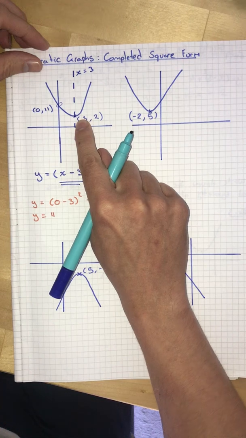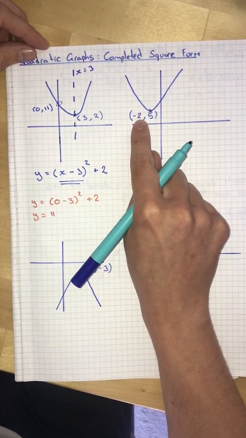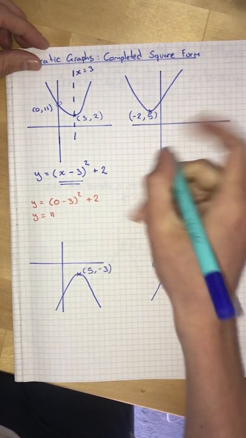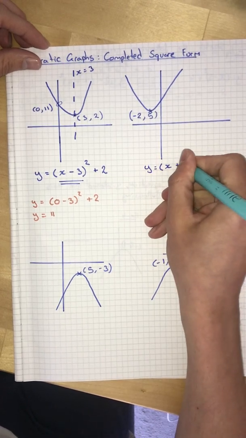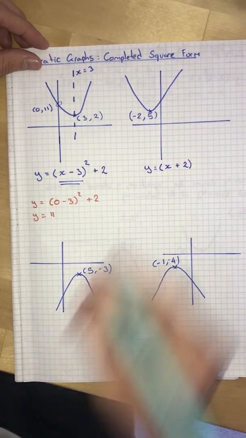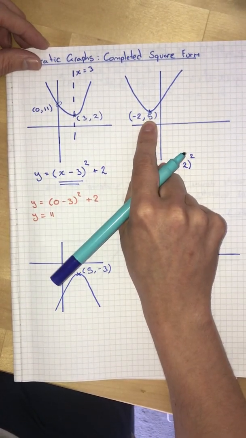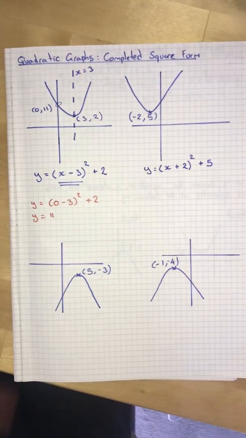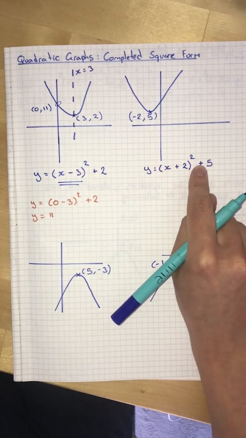Right? So let's do another one. When I had the turning point in this question, I changed the sign of the x coordinate. So if we change that from -2, we're going to end up with +2, all squared, and then it's going to be +5. Okay. If that had been below the x-axis and it had been -5, then it would be -5.